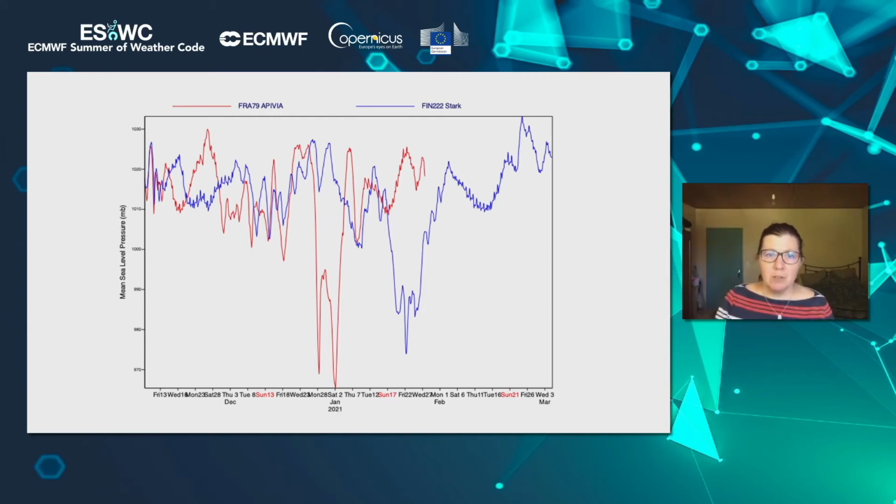And you can see here, in addition to it being faster, the red boat's valleys are deeper, and that's indicative of his appetite for risk, that he was more willing to go closer to the centers of the lows.